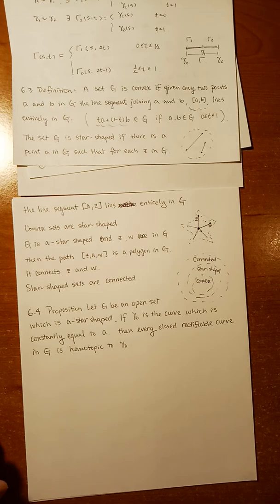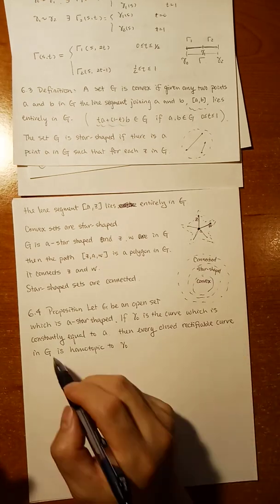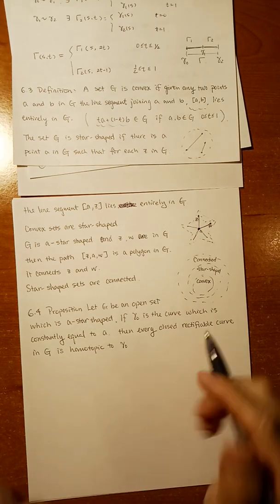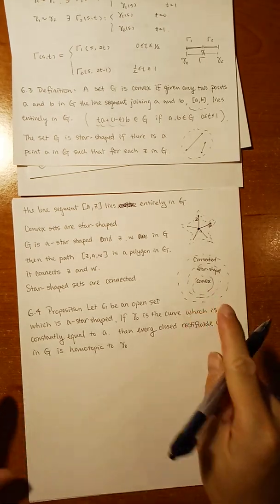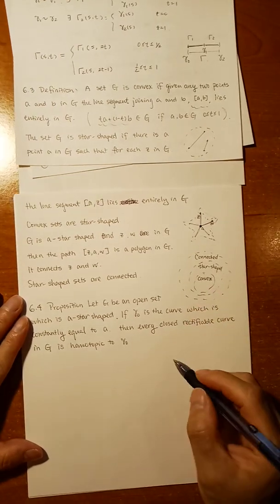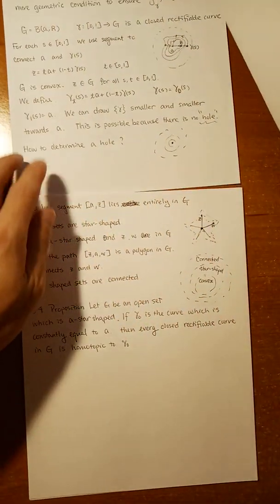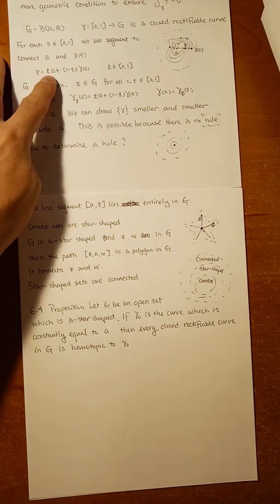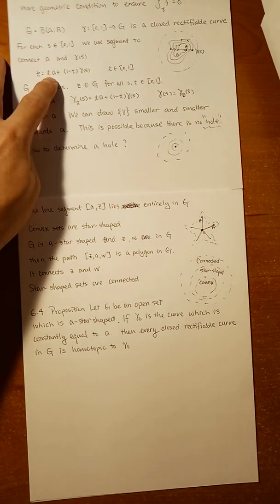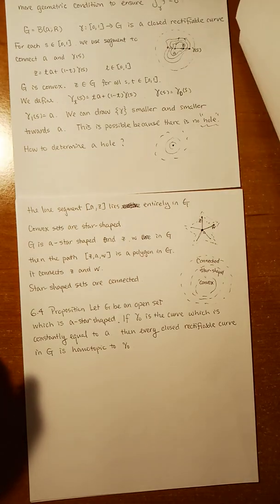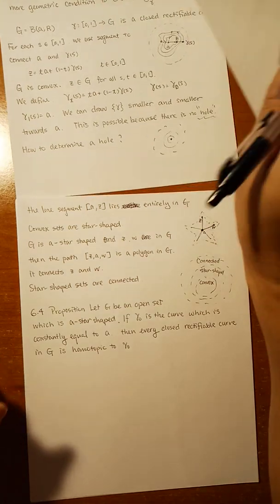Okay, every closed rectifiable curve will be homotopic to this constant curve, even though we call it a curve, but the image is just a point. Well, actually the proof is identical to this. Here we mention this A to be the center, but the disk is A star shaped, right?